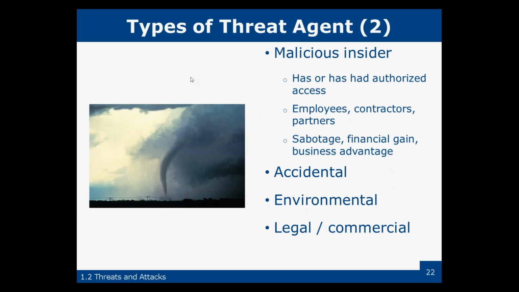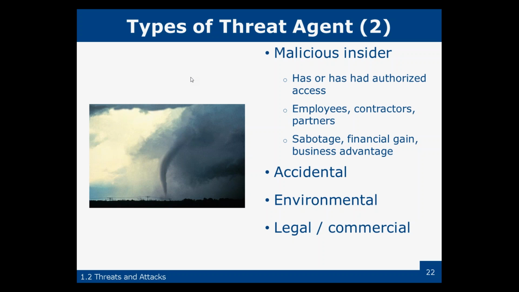The one that's probably pretty dangerous, because we spend a lot of time and effort talking about how to protect our networks from the outside, is the insider. A high percentage, I think somewhere around 80%, of the attacks actually come from insiders.